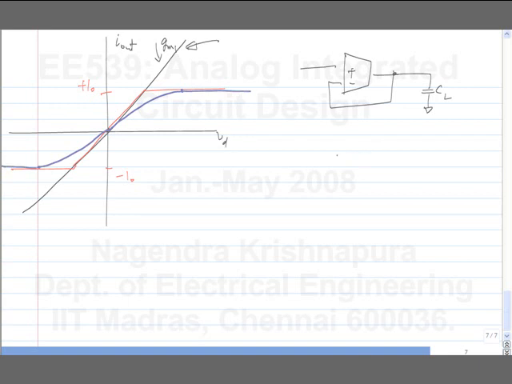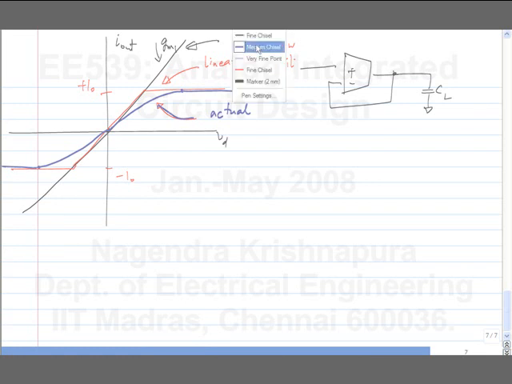So this is linear but with slew limit, and this is the actual differential pair's characteristic.